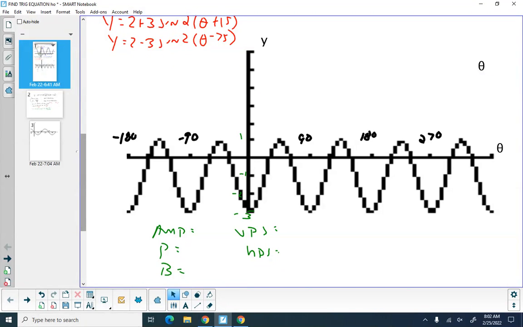Find the period, peak to peak or valley to valley. Find your b value. Then choose a horizontal phase shift you want to use. You might have to do a little bit of mathematics and find a peak. That's fine. If you want to use a valley, go ahead and use a valley. If you want to do even more work, you can use a sine curve.